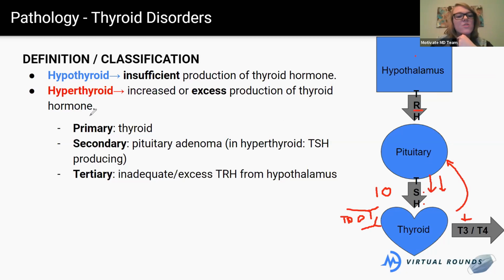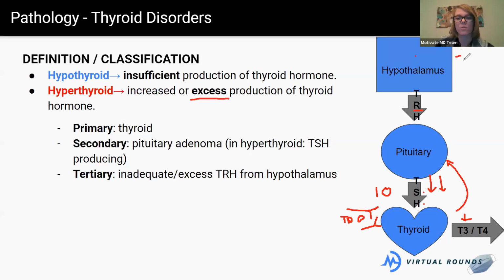Okay. And then in terms of hyperthyroid, I color coded this because my brain works like that. So hyperthyroid here is a little bit red, means it's high. We have excess production of thyroid hormone. So it's almost the opposite of what I had just drawn out. But what we talked about and how we delineate is through primary, secondary, and tertiary.